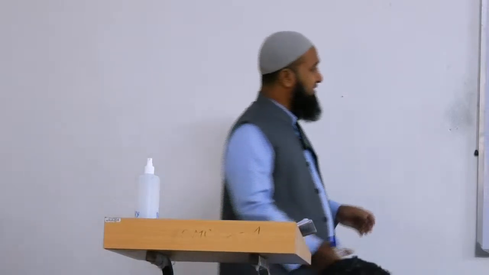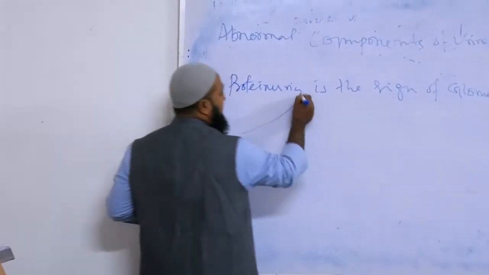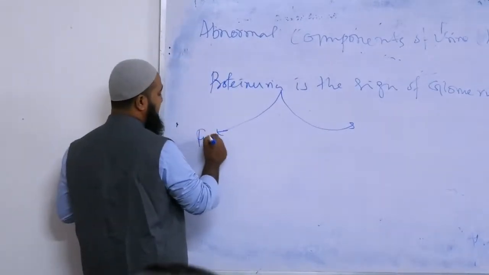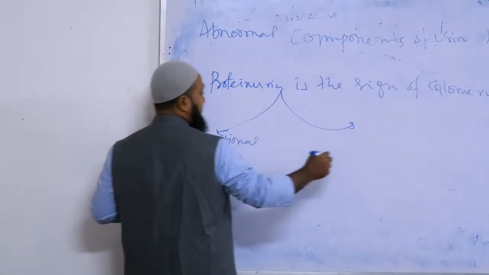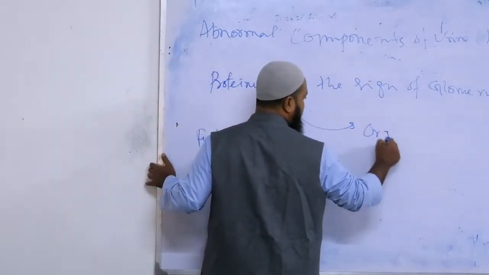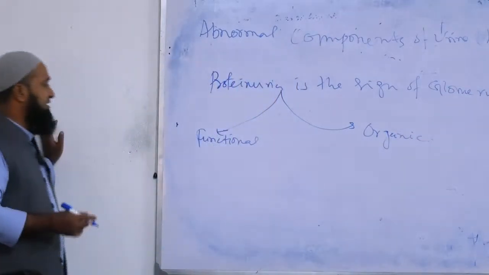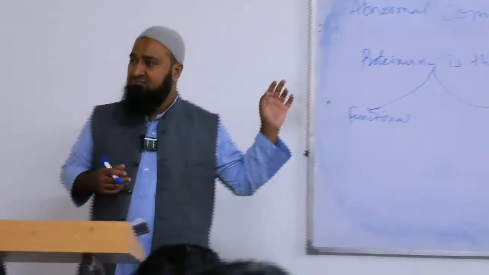That's why the proteinuria classify two types: functional proteinuria and organic proteinuria. Functional proteinuria means this is temporary, not the disease condition, temporary.